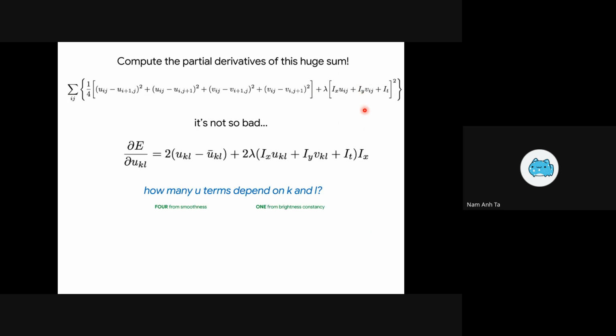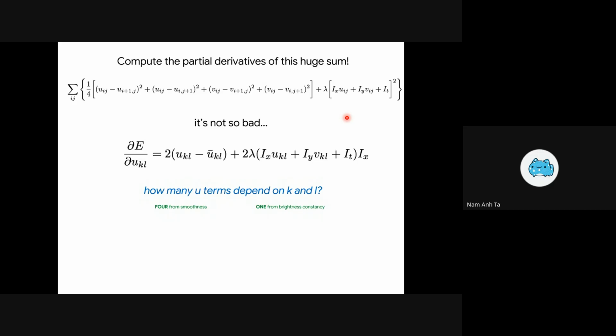So the objective here is to minimize the total error, right? The total error right here is the sum of the smoothing error, the smoothness term, and the brightness error, or the brightness constancy. While the total energy equation is pretty huge, a huge sum that looks computationally complex, we only need to focus on a single pixel at a time.